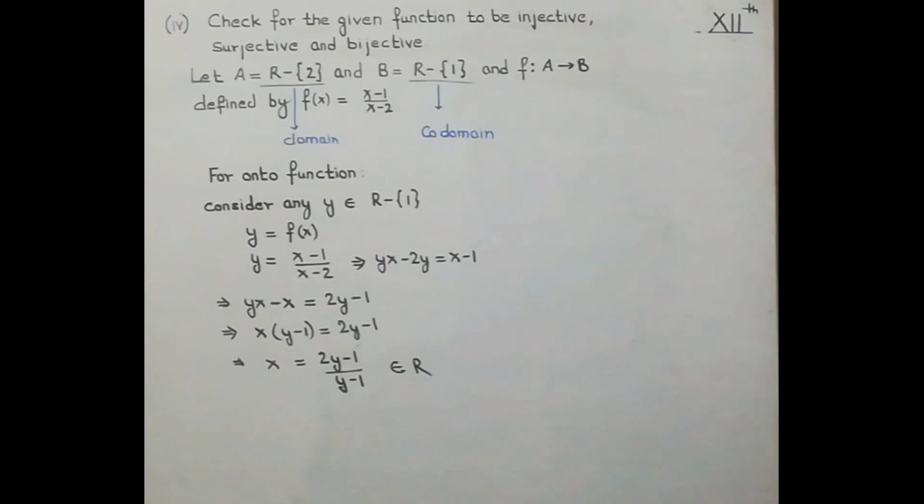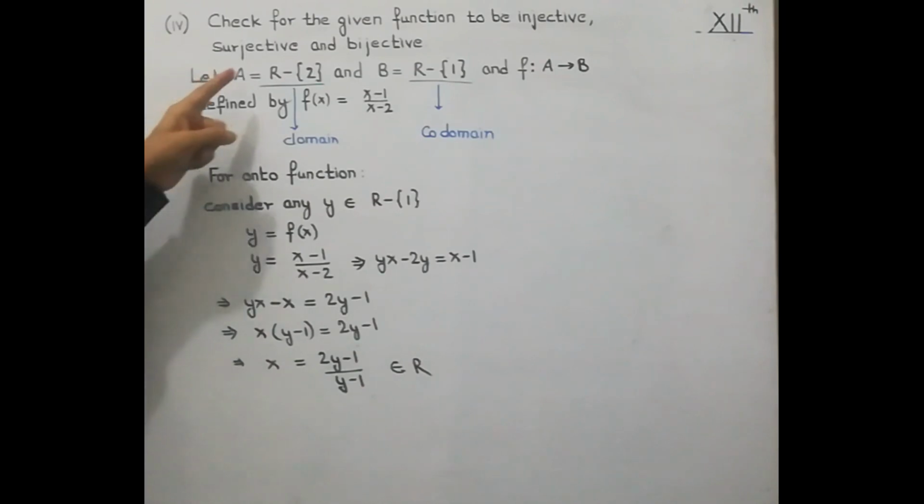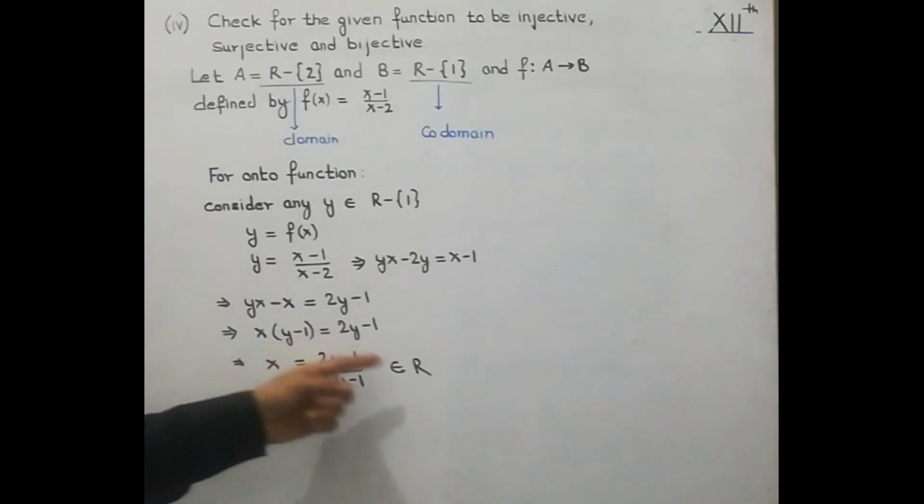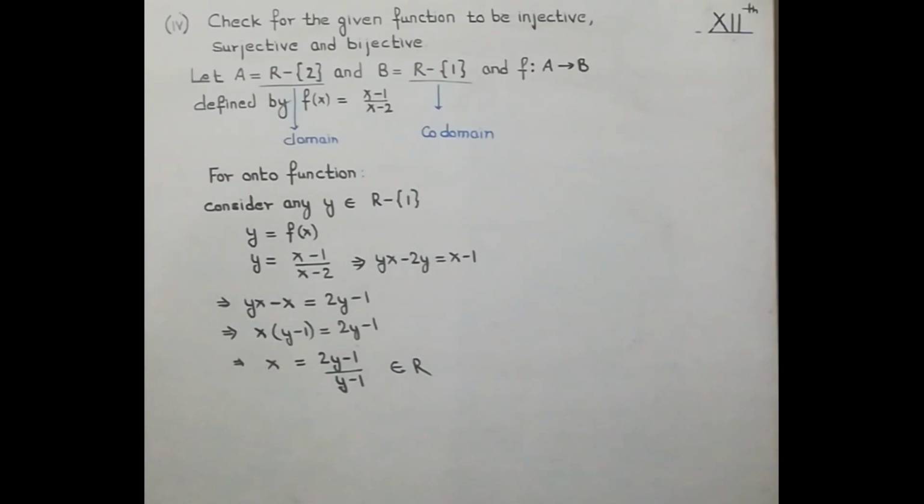That means the pre-image belongs to the real numbers, but according to the question, the pre-image belongs to R minus 2, and here we have got that x belongs to the real numbers. Now we have to confirm that x does not equal 2. Now let's confirm. How will you confirm it?